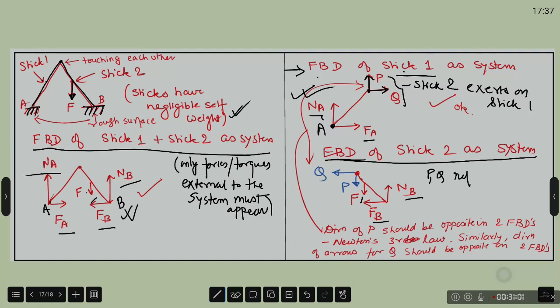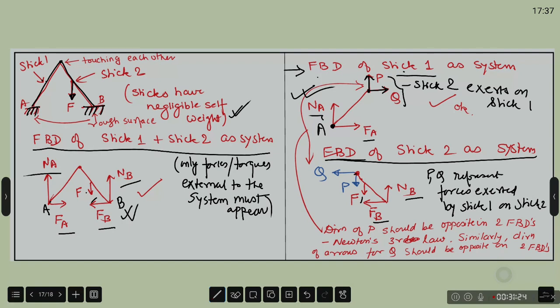Alright. I have drawn Q from right to left here, whereas I drew Q on stick 1 from left to right here. This is not trivial. Please keep in mind, this is not trivial. Similarly here, I drew P vertically up.